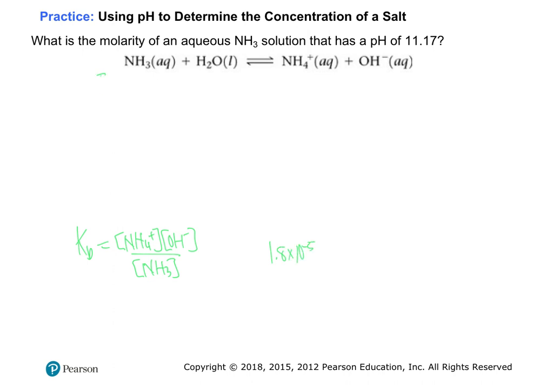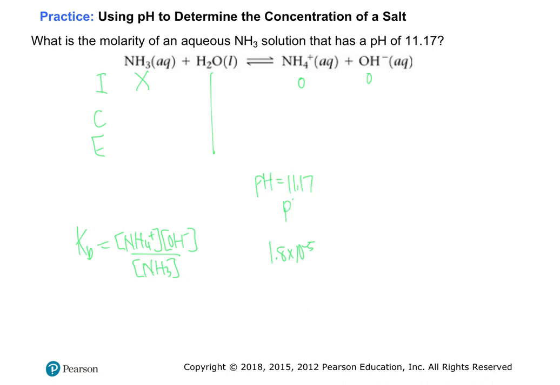So here I have my ICE table. I know that I am starting with 0 products, and I want to find the concentration of ammonia. So I want to know what x is. That's what I'm finding, my initial concentration of ammonia. So now I know the pH is 11.17.